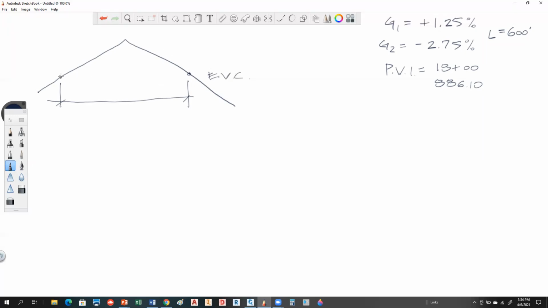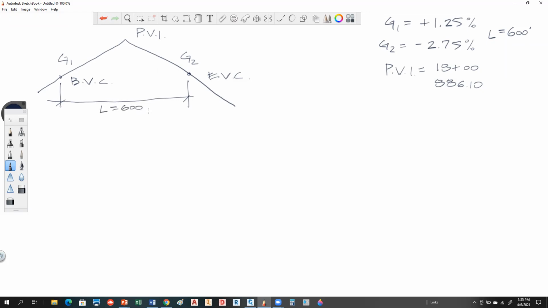This is going to be my BVC. This is grade 1, positive grade. This is grade 2, and this is my PVI. The reason I like to do a picture is because it really helps me solve this. Okay, so we also know that this is 600 here.